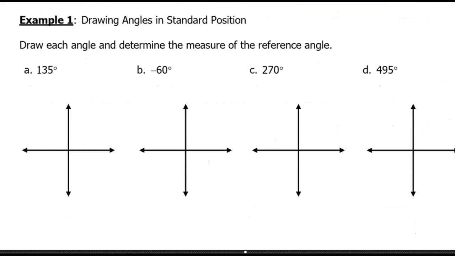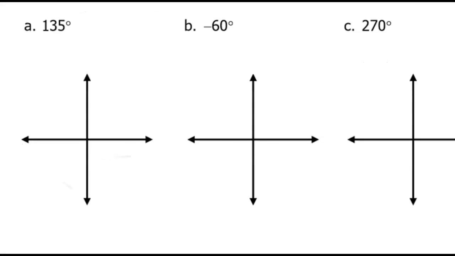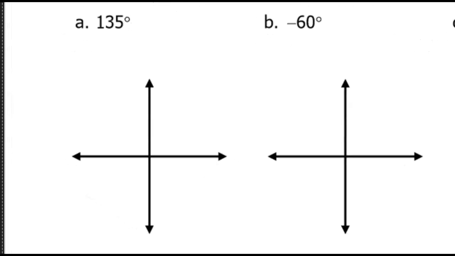So let's practice drawing our standard position angles. Before we draw the 135 degree angle, I do want to review, how do we number our quadrants in math? You number them in a C shape.